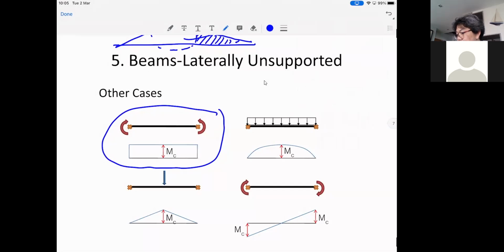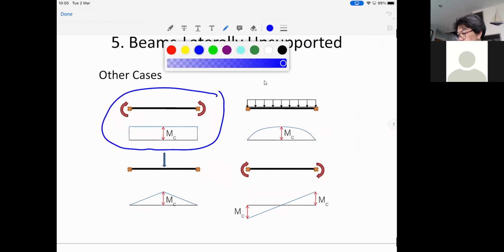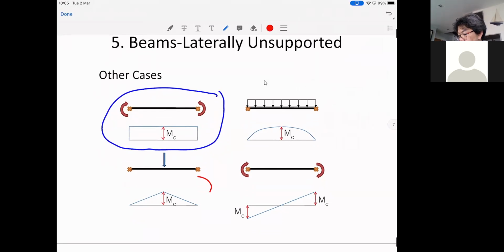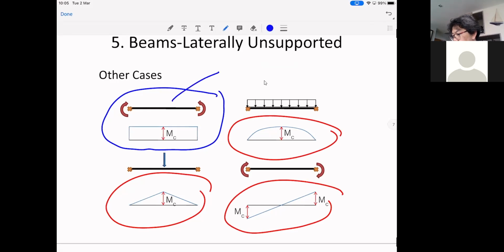When your bending moment diagram is not constant, like this, or like this, we need to consider the help from bending moment as well. Okay, so let me write it down in letters.